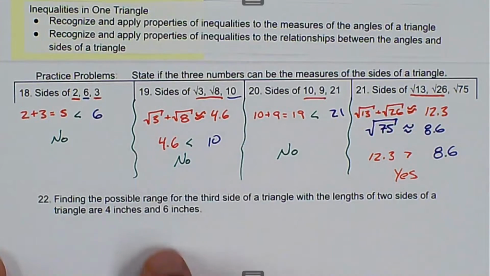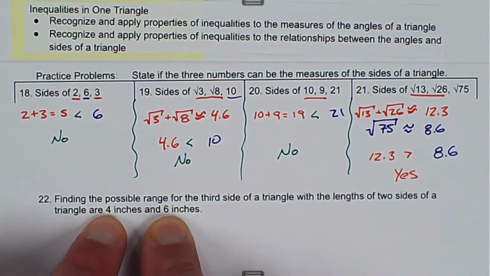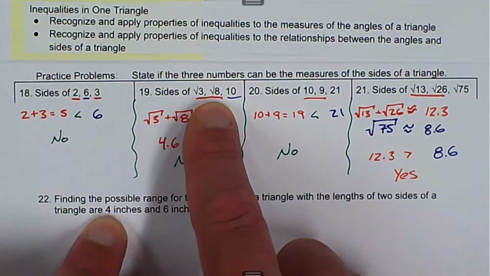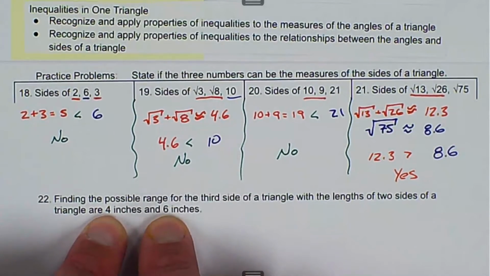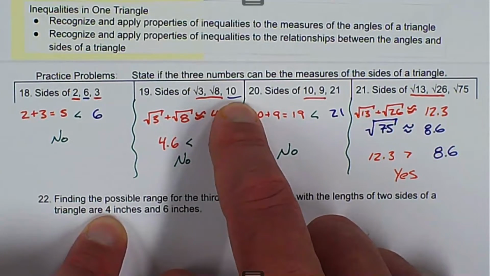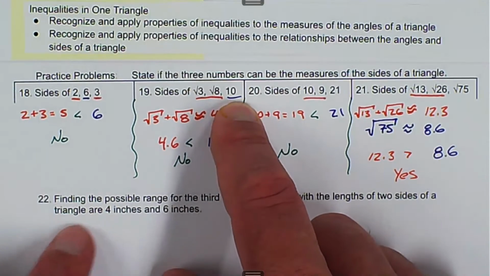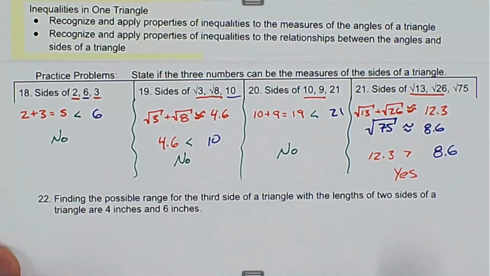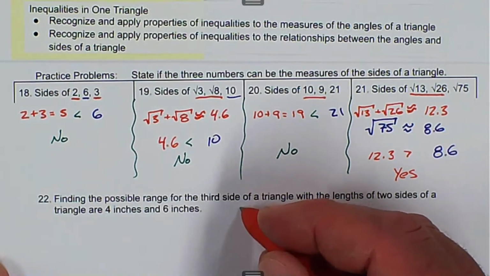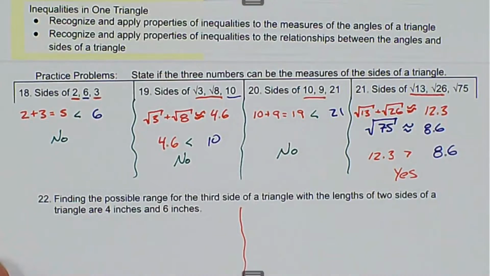Really, there's only two options here. 4 and 6 could be the small sides, or 6 could be the large side and 4 the small side. So the two examples that we're going to choose from. The first one is 6 is the large side.